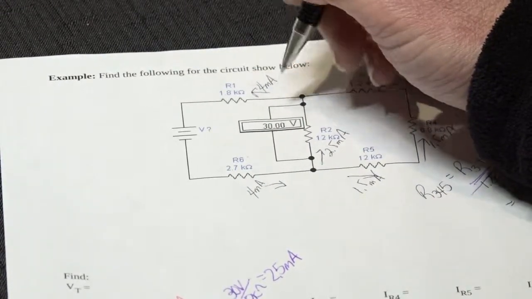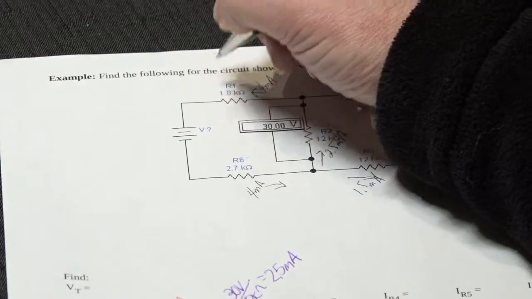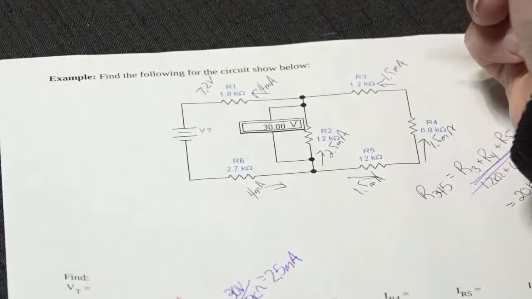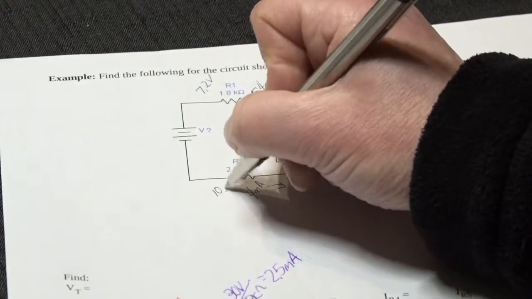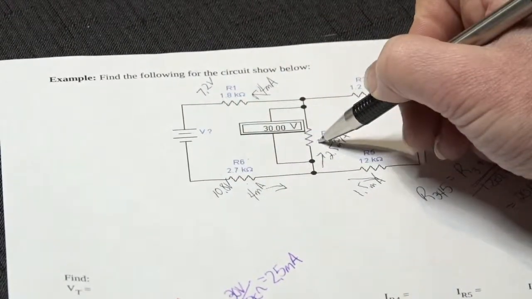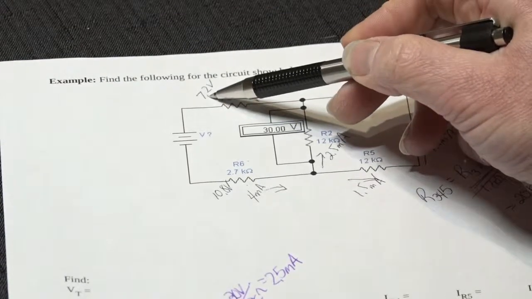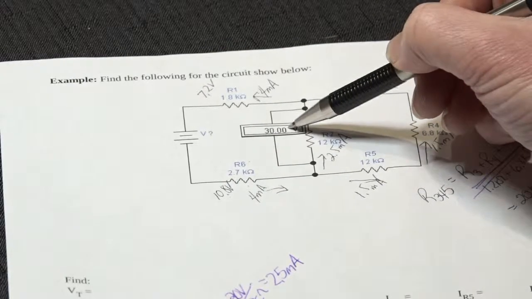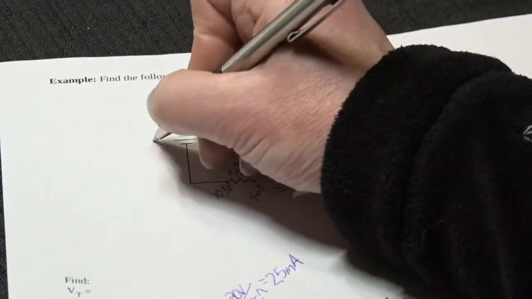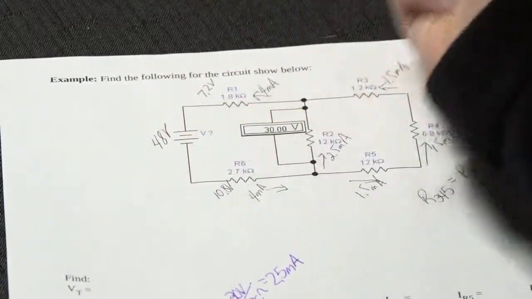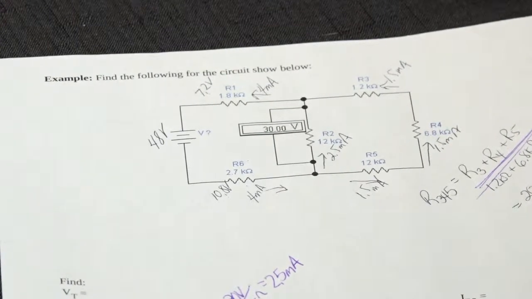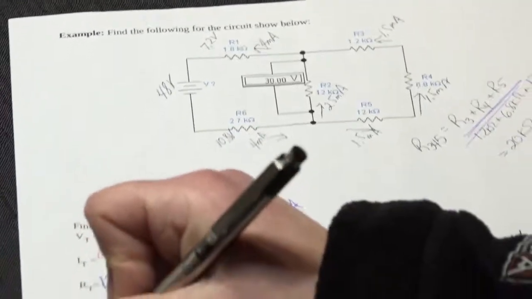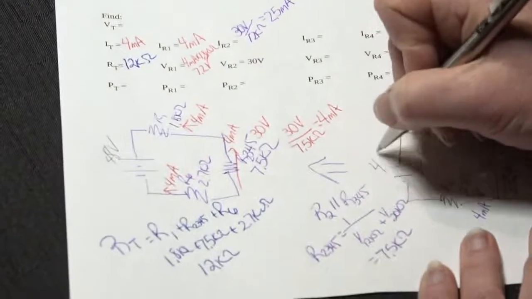We had said also that R1 has a voltage of 7.2 volts. R6 we said is 10.8 volts. We've got 30 volts here, and 7.2 and 10.8 plus 30 gives us 48 volts. Cool, huh? Of course, it's the same thing down here, 48 volts and 48 volts.